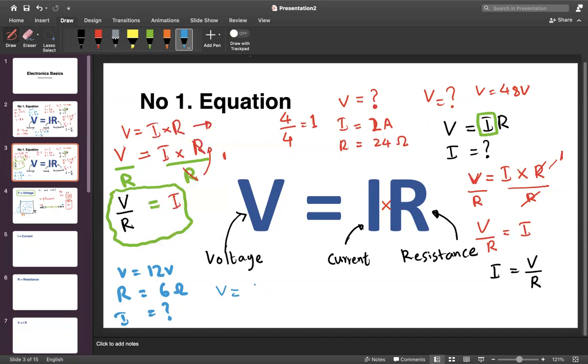V is equal to IR, right? Then we rearranged this so we can find I, right? I is equal to V over R, and then V is 12 and R is 6. Then current is 2 amperes, right? Okay, now you understood that?